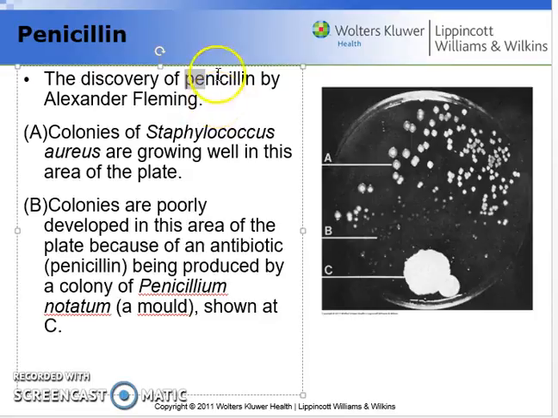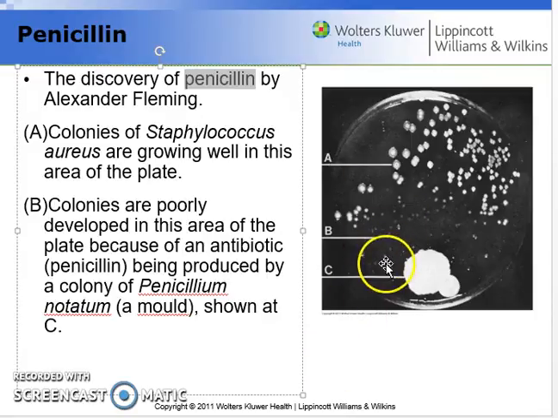Fleming basically left out some petri dishes, and he saw that a fungus, penicillium, a specific type of fungus, was growing on the agar plates, and where it grew, you could see a zone of inhibition in which the penicillin would not allow bacteria to grow around it. So there was a halo, an area of no growth called a zone of inhibition, that prevented bacteria from growing in that spot.